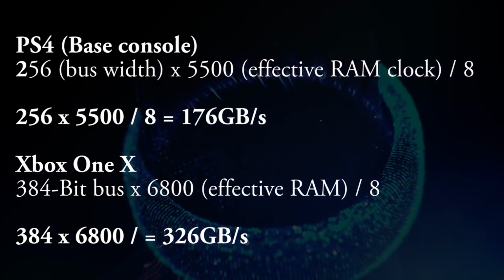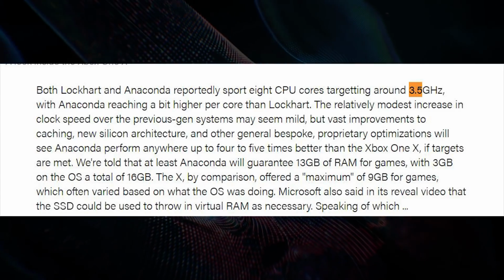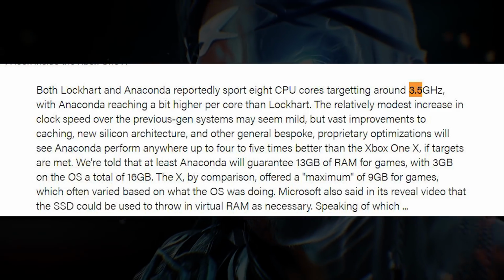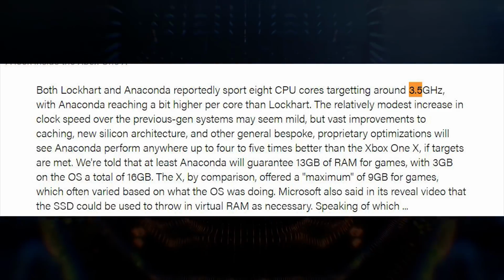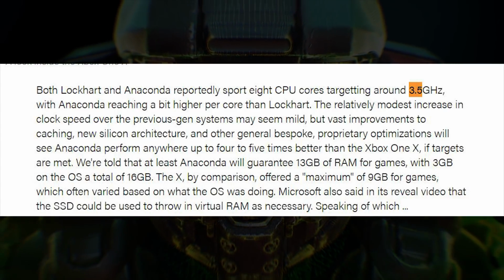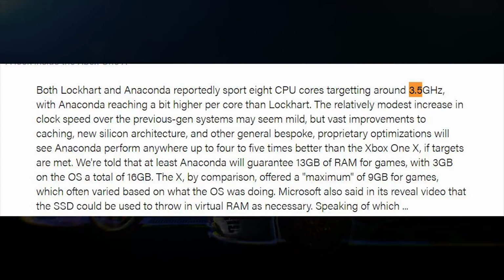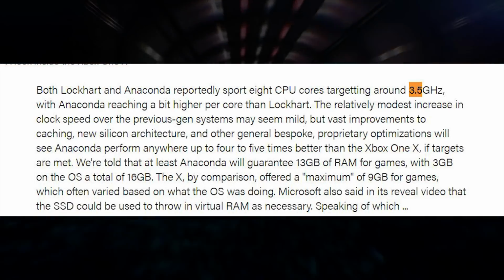Great. Now we understand that, what mystery is left with the Xbox? Well, Windows Central paints the system as having 16 gigabytes of memory. 3 gigabytes of this is allocated to the OS, with the other 13 gigabytes, of course, being available for games.